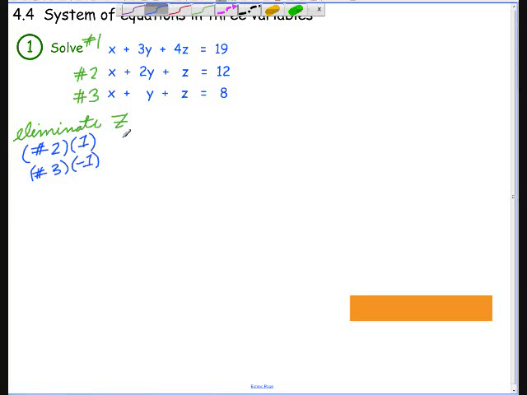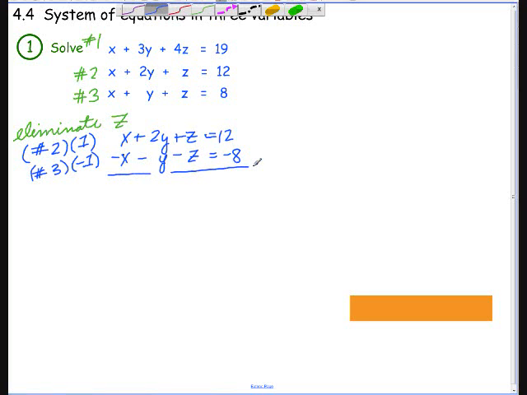And what I end up with is x plus 2y plus z equals 12. And then I multiply by a negative 1, so I get negative x, negative y, negative z, that's what I want, equals negative 8.